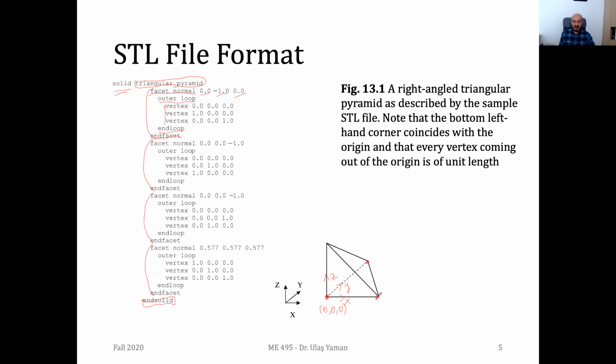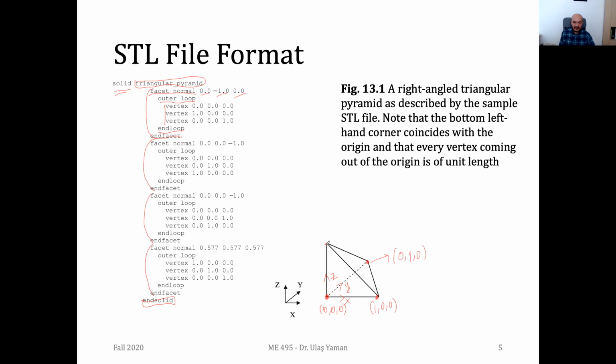Since we have the normal, it's not a problem. So this is 1, 0, 0. But as you see, this is not the point actually we are discussing. Or is it? Let me see. This is 0, 1, 0.